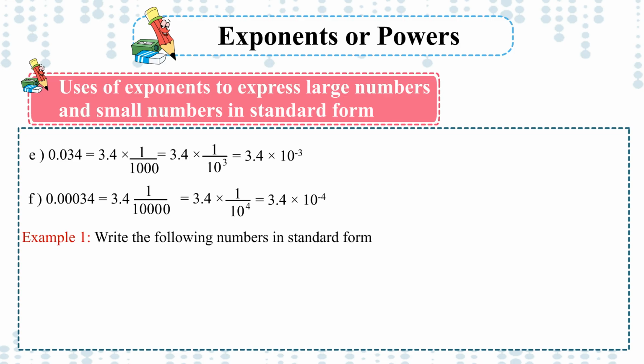Example 1. Write the following numbers in standard form. a. 0.00000832. b. 0.000000000409. c. 30 crores 40 lakhs.